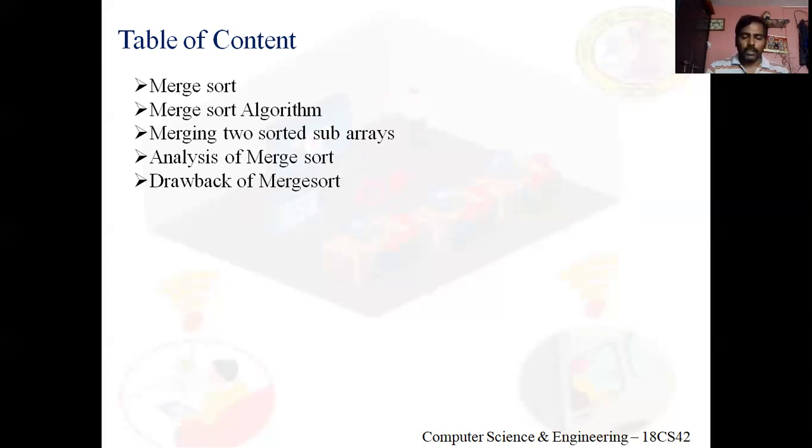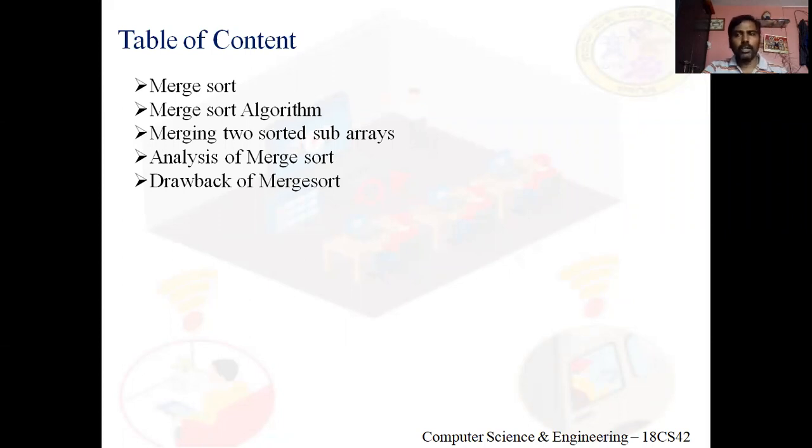Clear? So in the sorting problem, when are we going to call an array to be sorted a smaller instance?